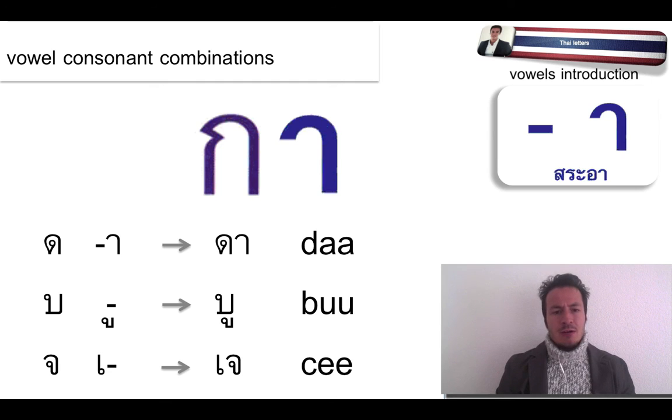And once again, I would like to remind you that the consonant is always spoken or read first. So before reading the vowel, you say the consonant, regardless of the position of the vowel.